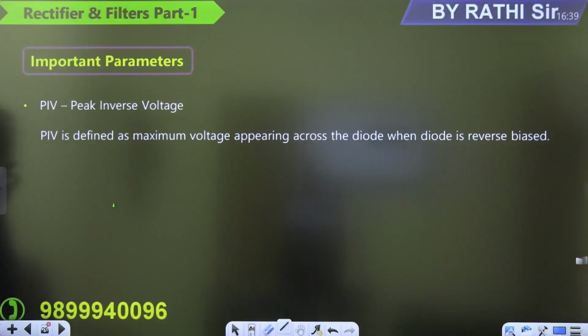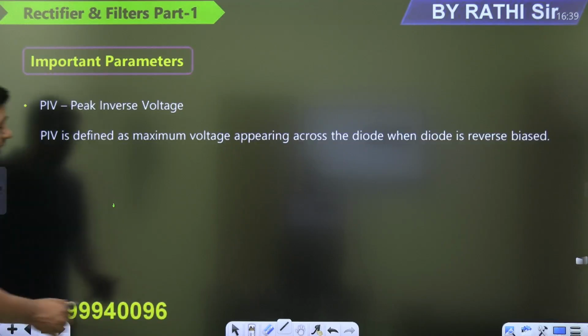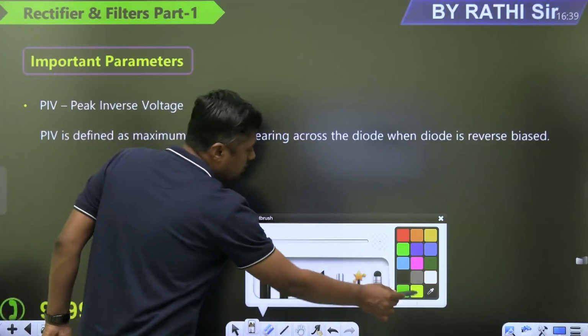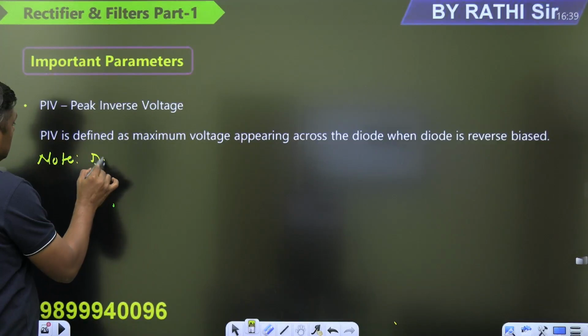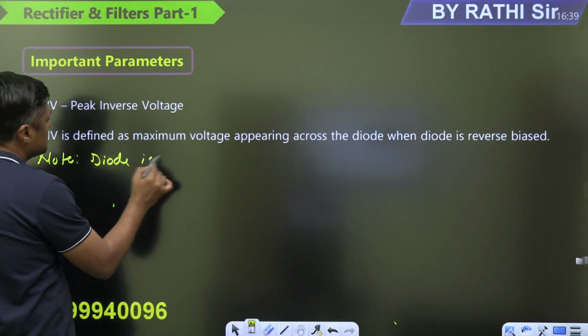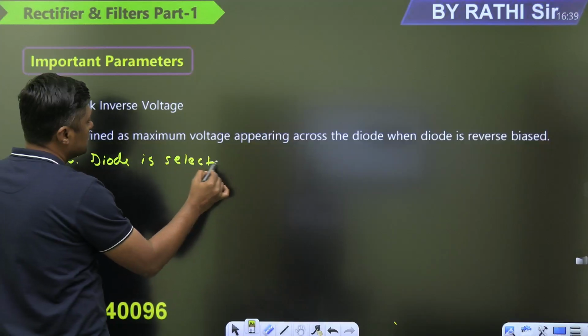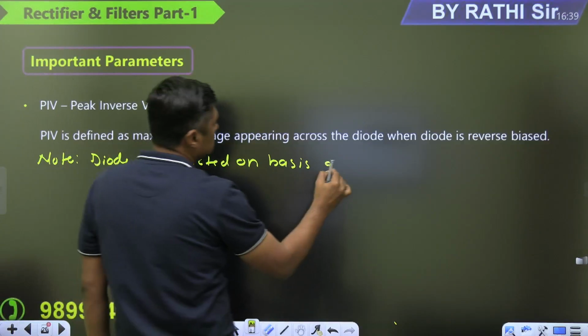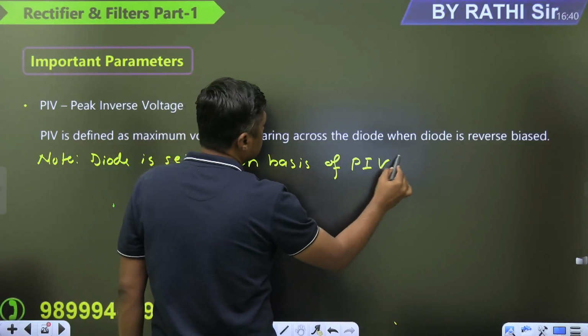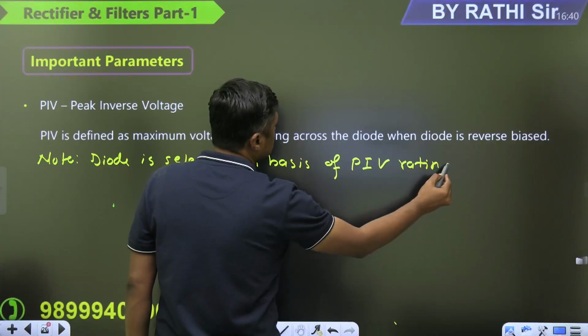PIV is defined as the maximum voltage appearing across the diode when the diode is reverse biased, and the diode is selected on the basis of PIV rating. Remember, this is a note. Diode is selected on basis of PIV rating.